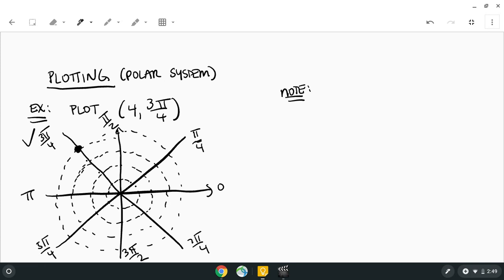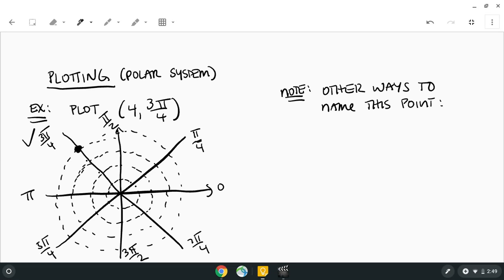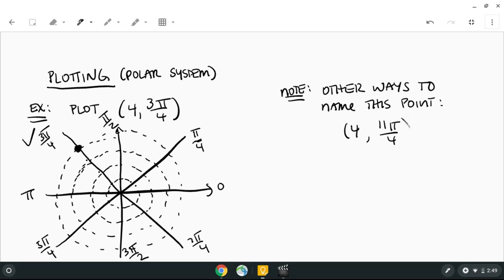So note there are other ways to name this point, and I'm just going to list a few. If I add 2 pi, that's 8 pi over 4, then I would get this angle, 11 pi over 4, and I would keep the same radius. That would go full circle.